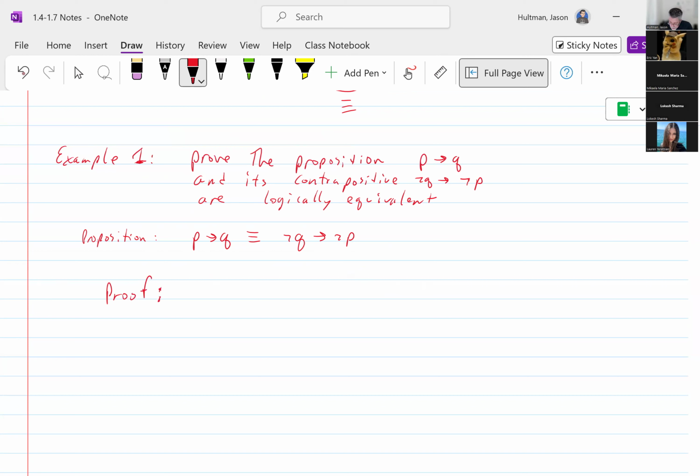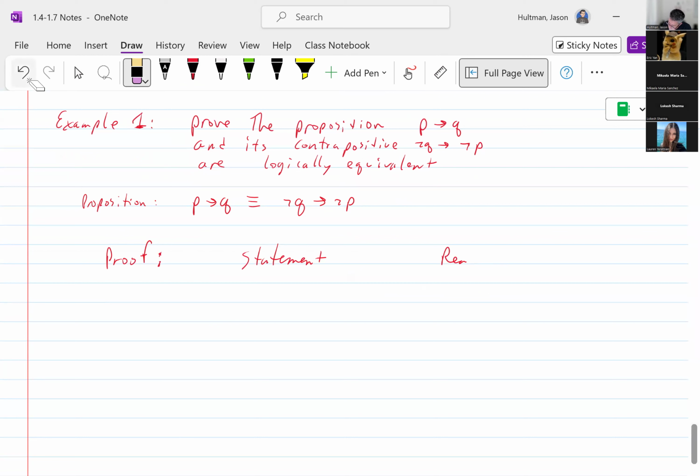For a proof, we need something called statements and then reasons, or justifications.